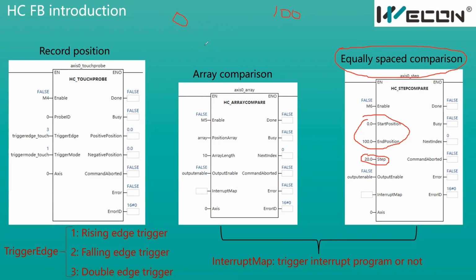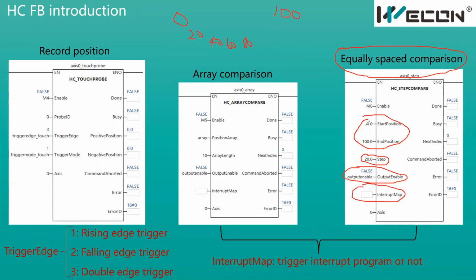So we will get 0, 20, 40, 60, and 80 between 0 and 100. It means every time the counting position achieves 0, 20, 40, 60, 80, and 100, our hardware will output one time, and the interloop program will be executed one time.